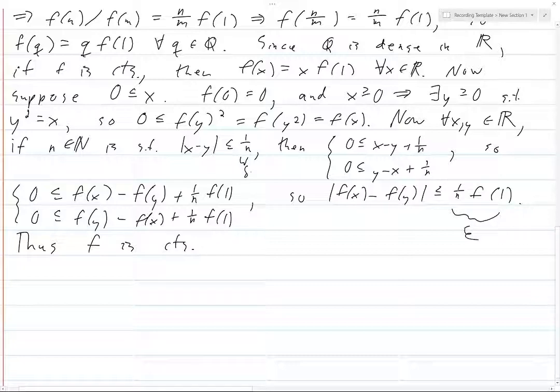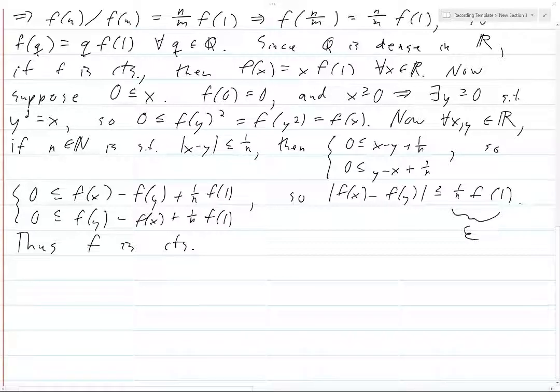And the point is, if you take delta smaller and smaller, then epsilon is going to get smaller and smaller. So as delta goes to 0, epsilon also goes to 0. And that's the main point.